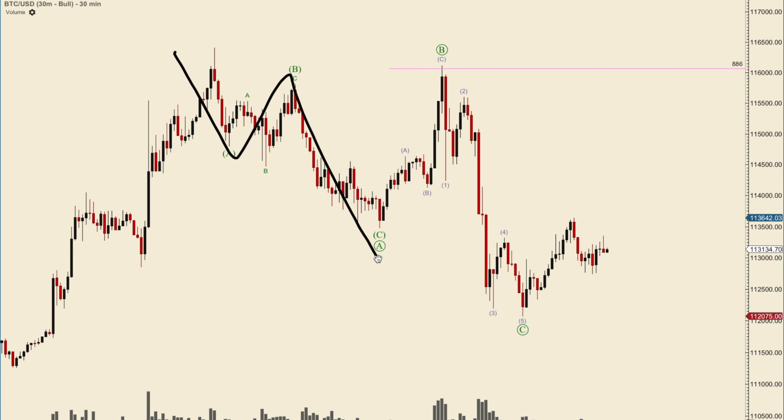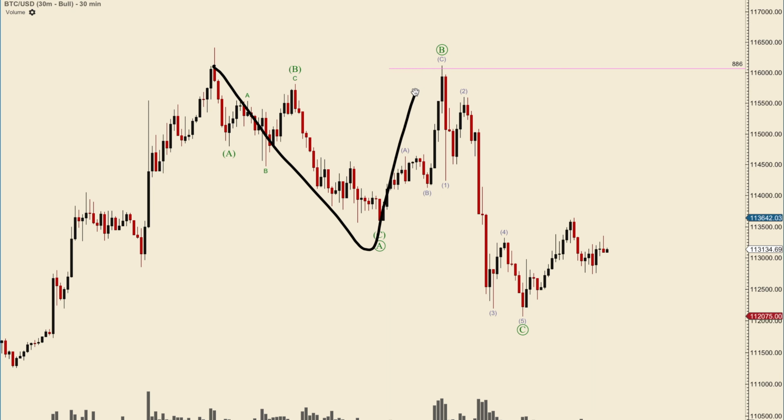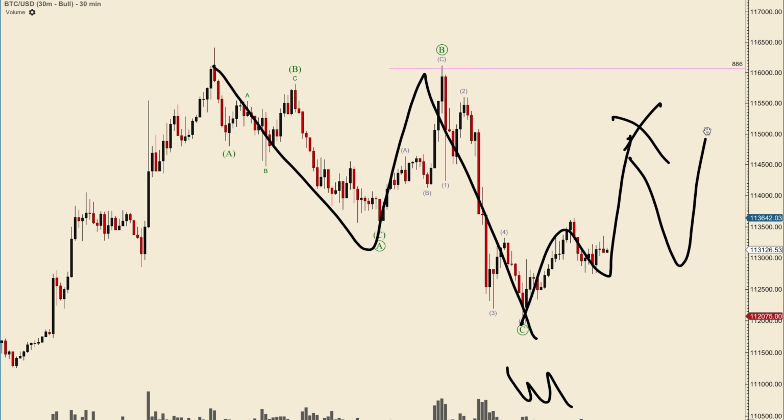So ABC, and then we have an ABC to a B, and now a 1, 2, 3, 4, 5 to a wave C. We could get 1, 2, 3, 4, and then a wave C, and that is perfectly fine as well. But this could also turn into an A, B, C, like a W, and then we have a wave X, and then we get a flat in that kind of thing.